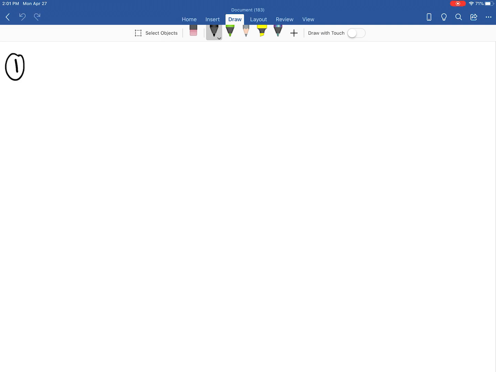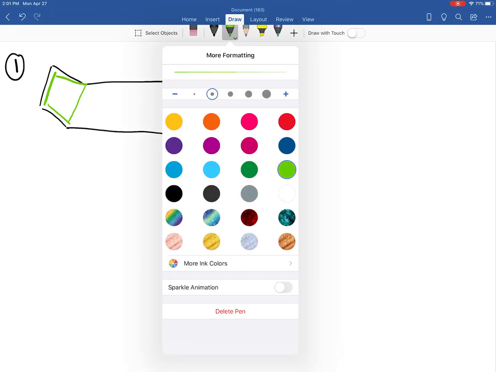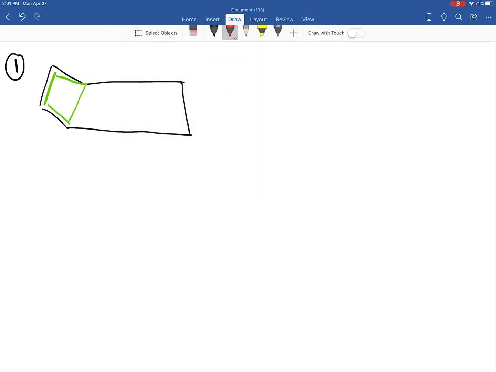So I know I drew number 1 on your notes, but if I had to draw it out as one figure, it looks something kind of like this. I see a parallelogram here as well as another parallelogram here.